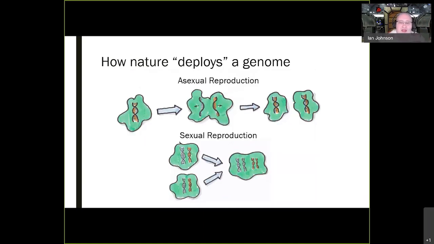But how does it go about deploying a genome? Well, we start out with one cell, and processes within the cell start to split it apart. And by doing so, it takes both halves of the double helix of the DNA and pulls it apart.